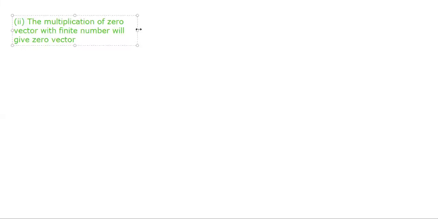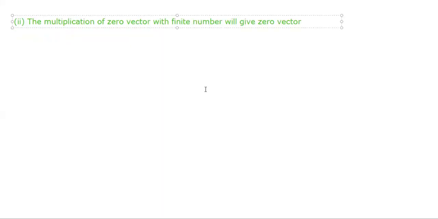That means if you are multiplying 0 vector with a finite number, let n be a finite number, the answer to this would be 0 vector only. This is your second property.